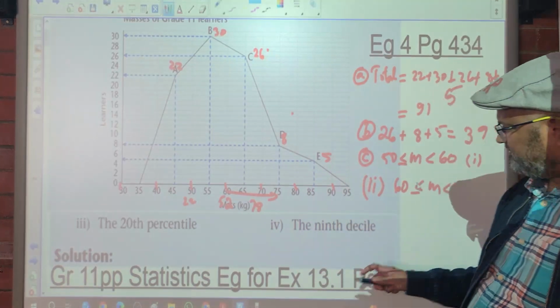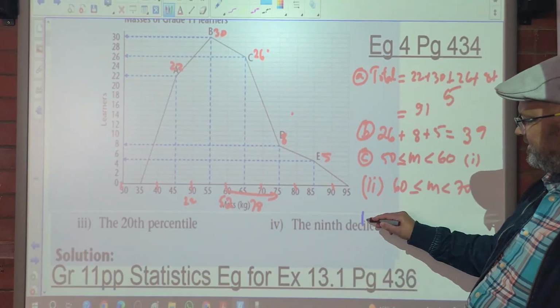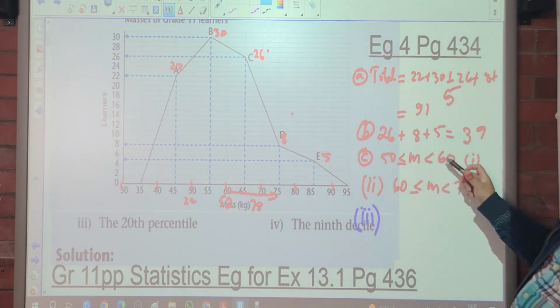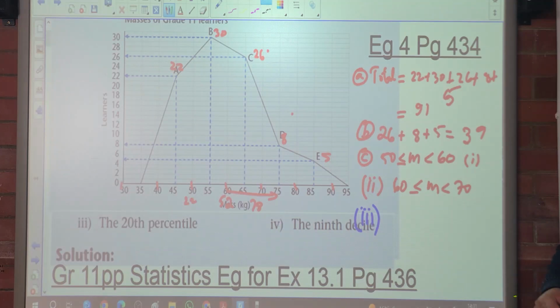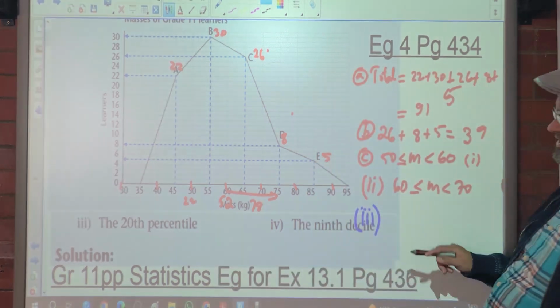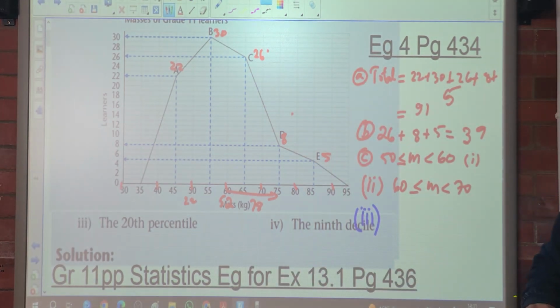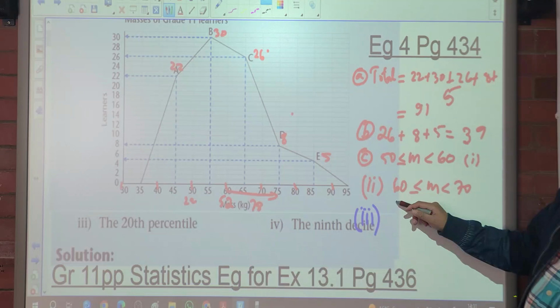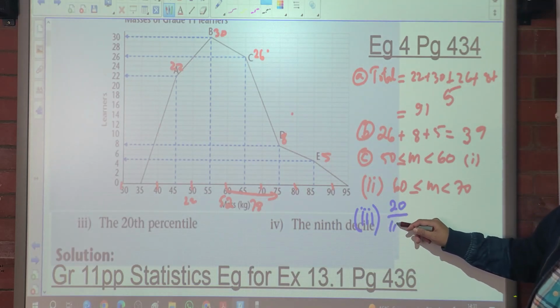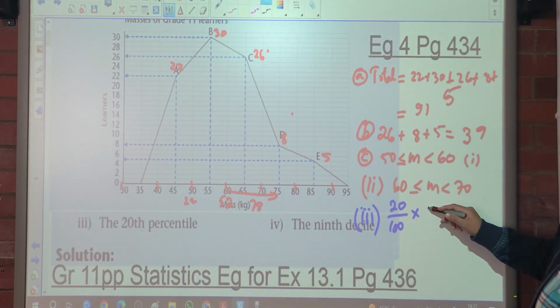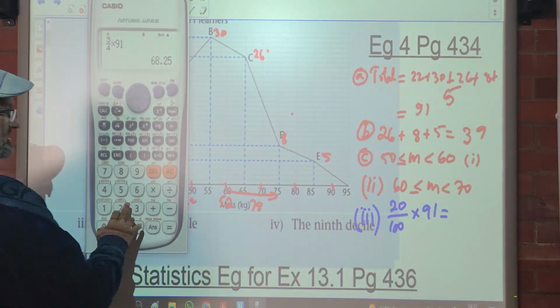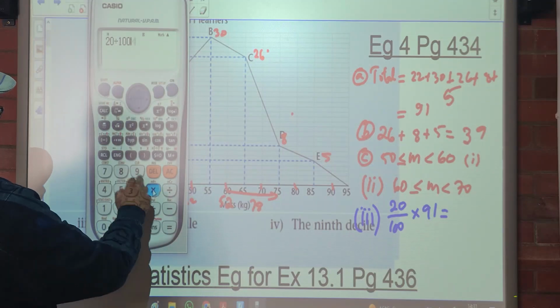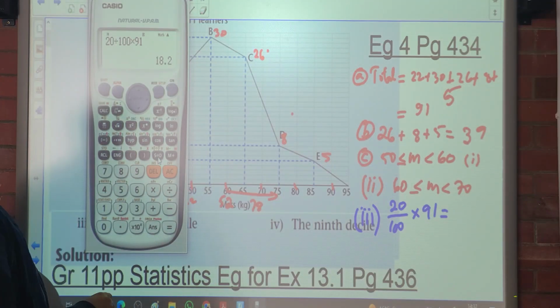Number 3. Why are our values different to these here? These aren't the final answers. You understand? So the 20th percentile is the representation of 100. So it's going to be 20 over 100 times 91, which gives us 18.2.